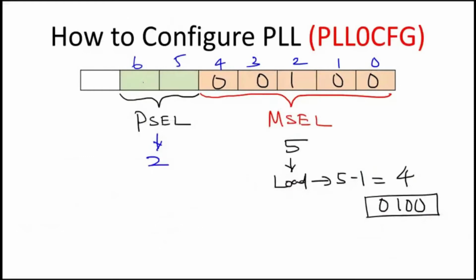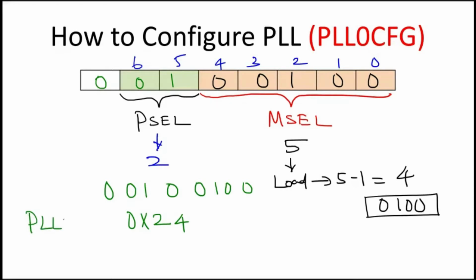So I put 0, 1. This is anyway going to be 0. So what is the binary sequence here? 0, 0, 1, 0 and 0, 1, 0, 0. In hexadecimal it is 24. So I load the PLL0 config register with hexadecimal 24.